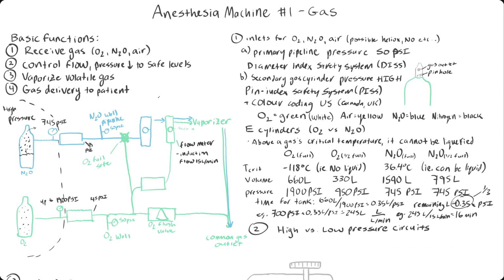And then distal to these flow meters is where you'll have your low pressure. And then anything in between here, we're dealing with pressures of 45 to 50 psi, and that's intermediate. So essentially what's safe for the patient is just anything after these flow meters.